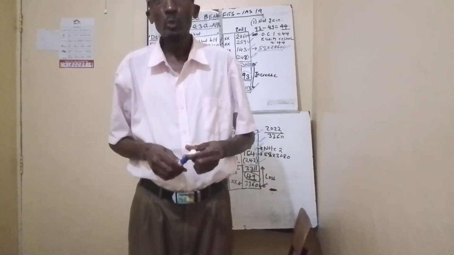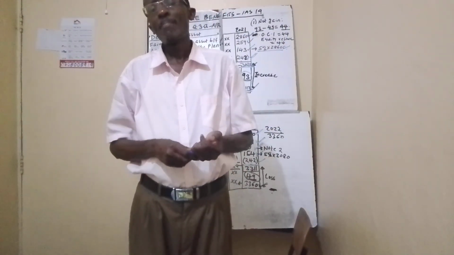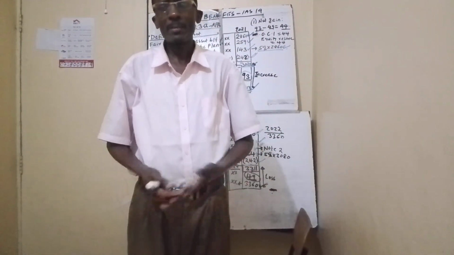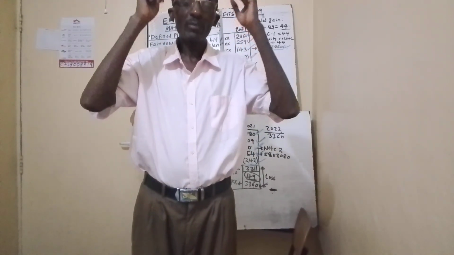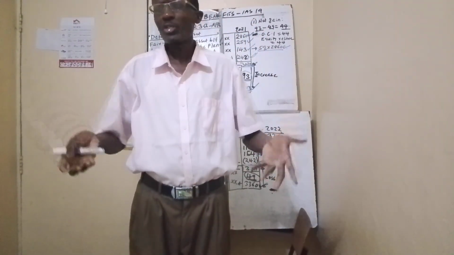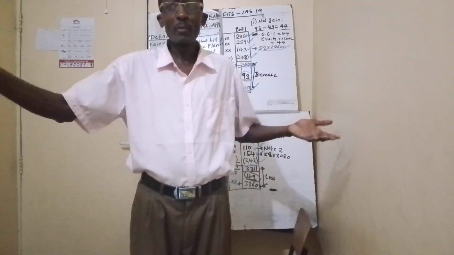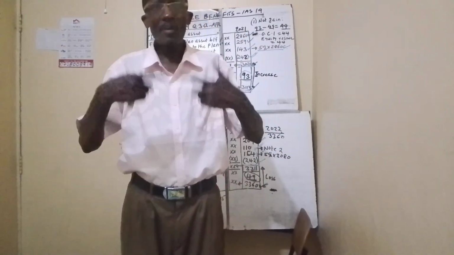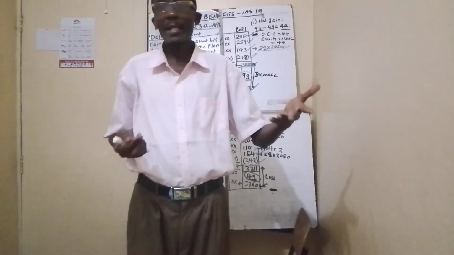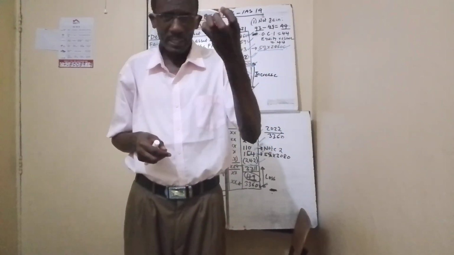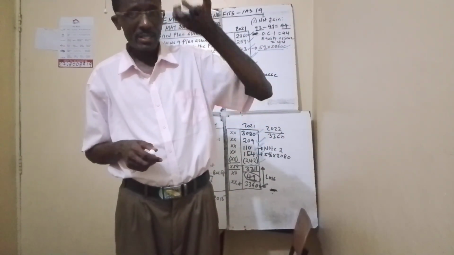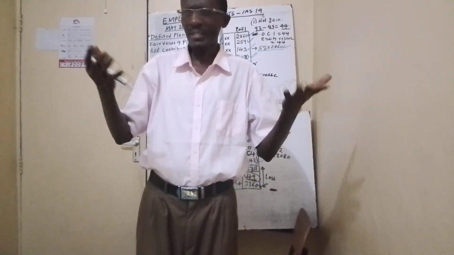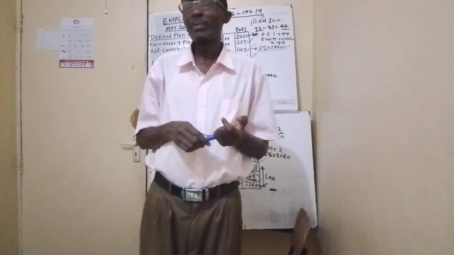So what NSSF will do is that they will invest that money, and because for example, if they invest in real estate, then these buildings or these houses will be generating income. Then you have been working for maybe 20 years. After you retire at 55 or at 60, then they will pay you that interest which they have received from those investments. That's basically what is found in employee benefits.